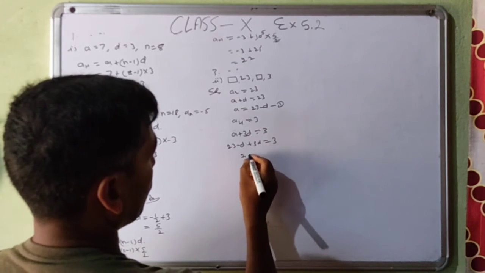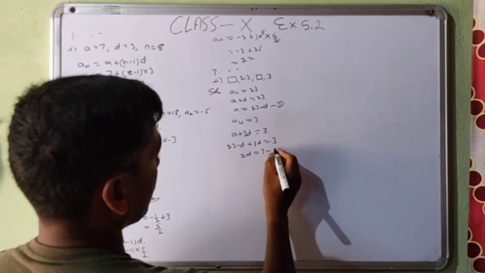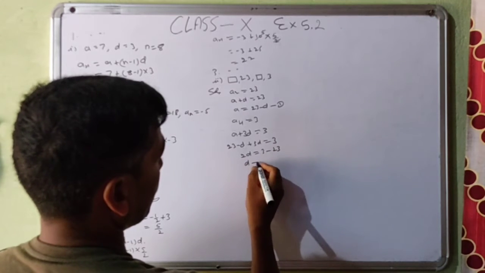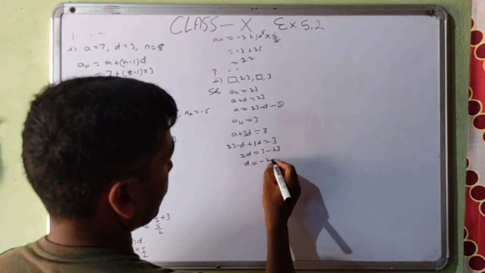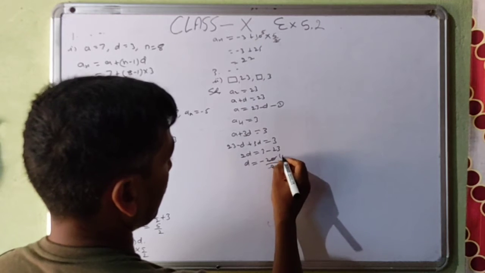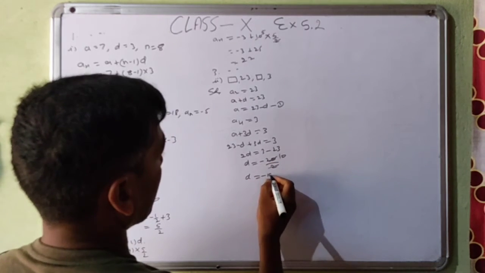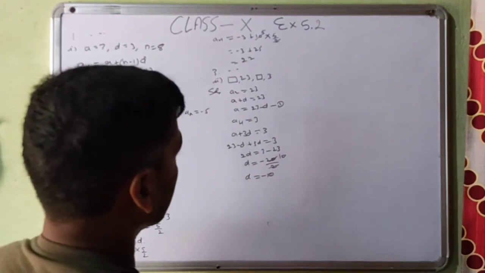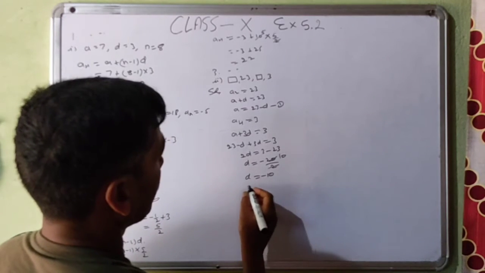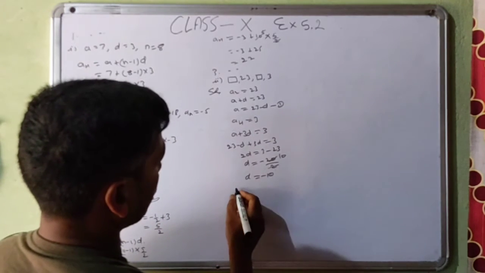So that will be 2d is equal to 3 minus 23. So d is equal to minus 20 upon 2. So d is equal to minus 10.